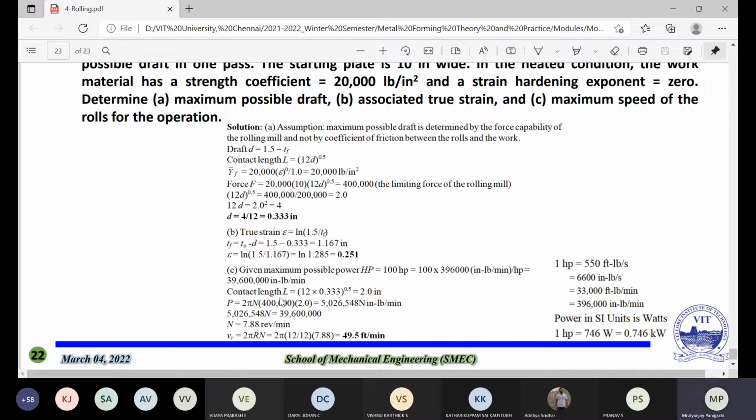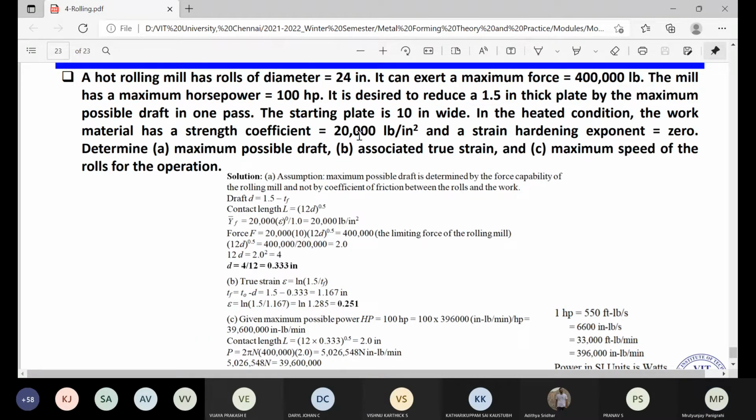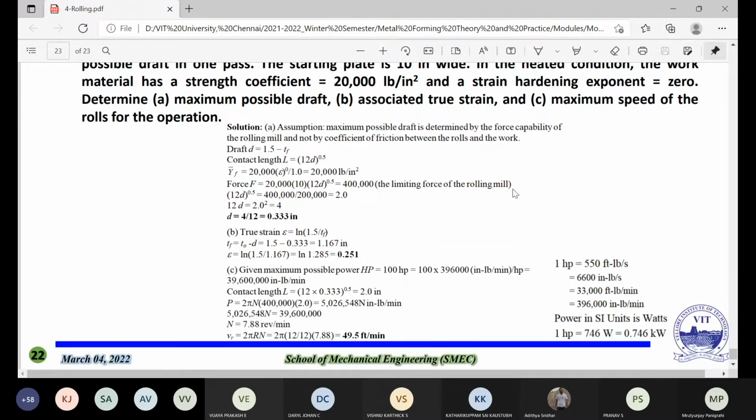Then the contact length you can find out. Then P. Sorry, not P. You will find out N. N you have to find out.